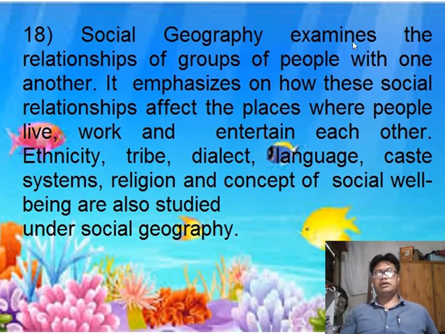Social geography examines the relationships of groups of people with one another. It emphasizes how these social relationships affect the places where people live, work, and entertain each other. Ethnicity, tribe, dialect, language, caste systems, religion, and concept of social well-being are also studied under social geography.